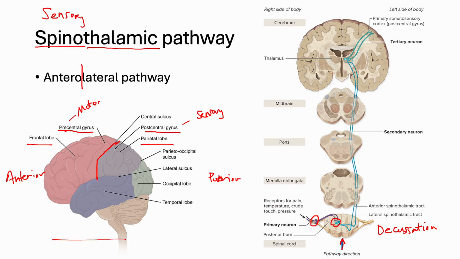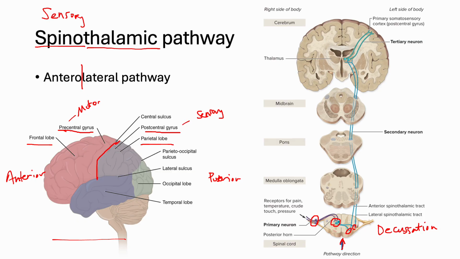If it stays on the same side, we call it ipsilateral. So this one is going to cross over, so it's contralateral. And we see there are two options. We have the anterior spinothalamic tract, because it's coming from this anterior funiculus, or the tract from the anterior white matter. The other one is coming from the lateral.